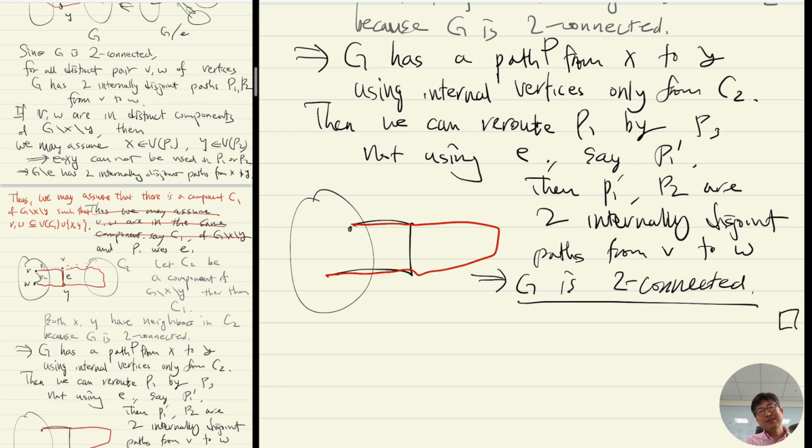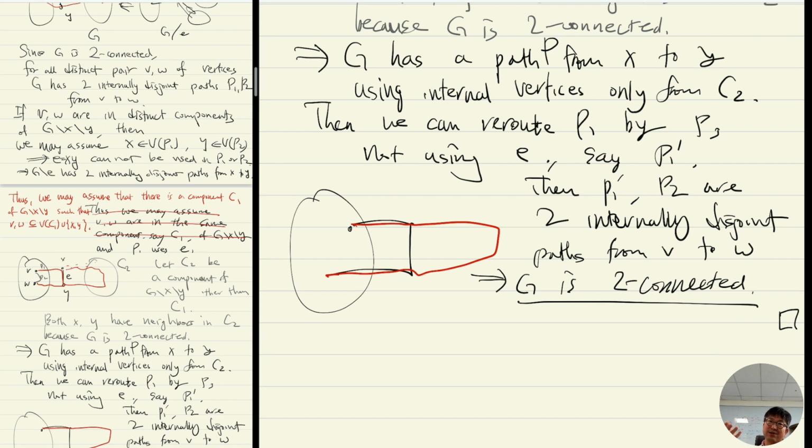So why is this interesting or useful? Well, when we want to prove some theorem, let's say you have a homework problem about 2-connected graphs, and you use this as a basic tool for induction, right? You say that your statement is true for all smaller graphs, and then you need to make a smaller graph which is 2-connected.